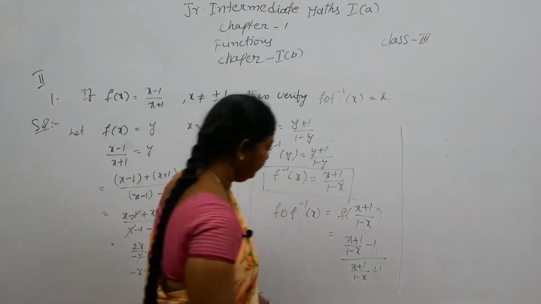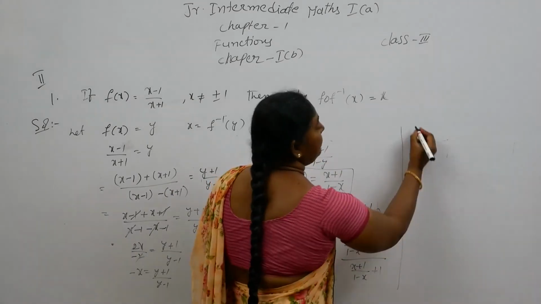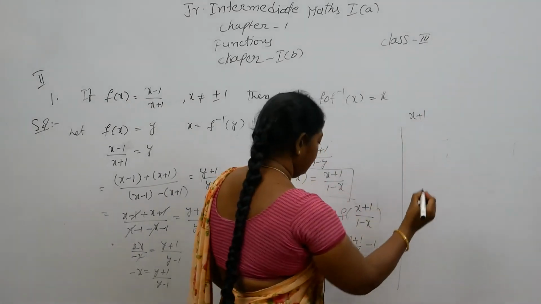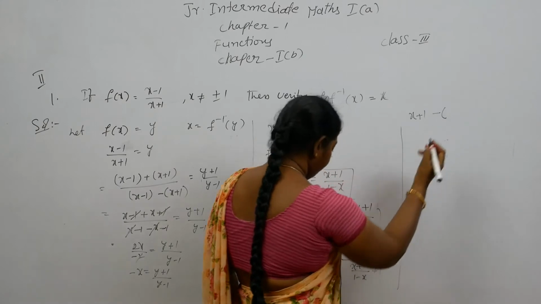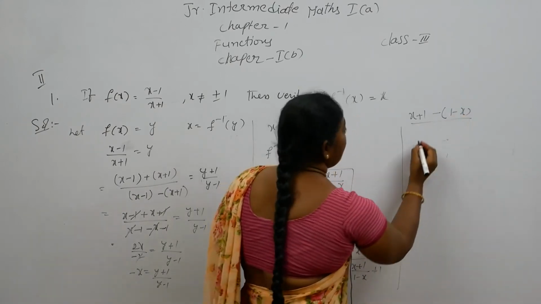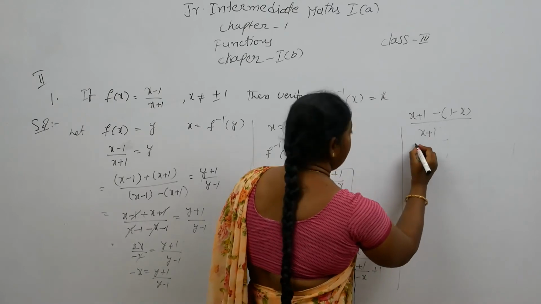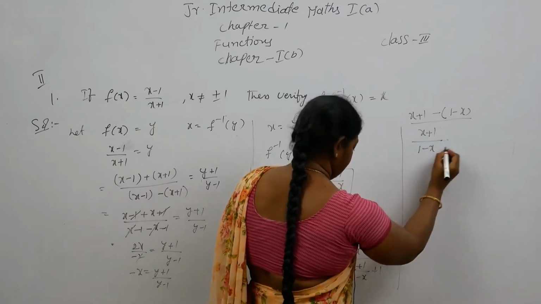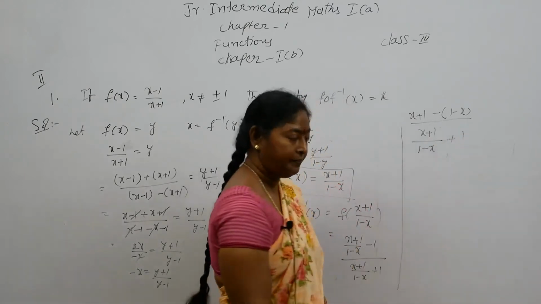So here taking LCM, x plus 1 minus of 1 minus x by x plus 1 by 1 minus x plus 1.